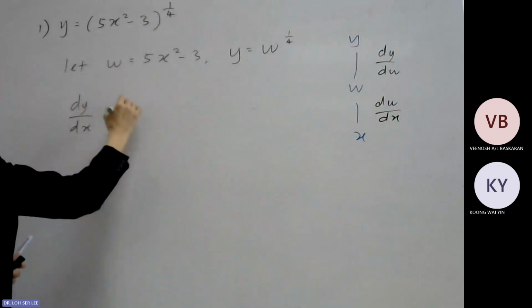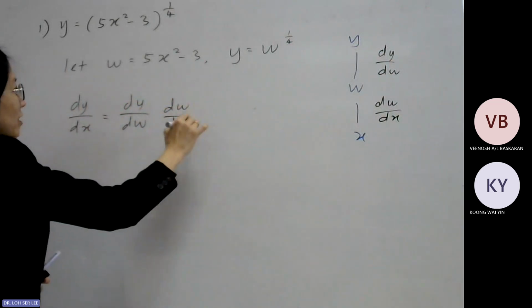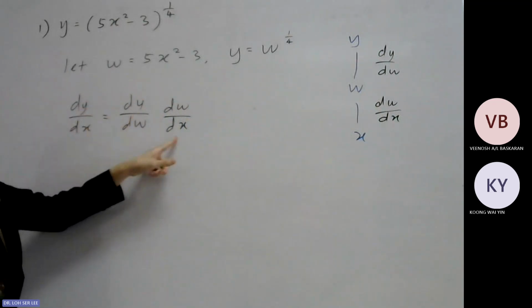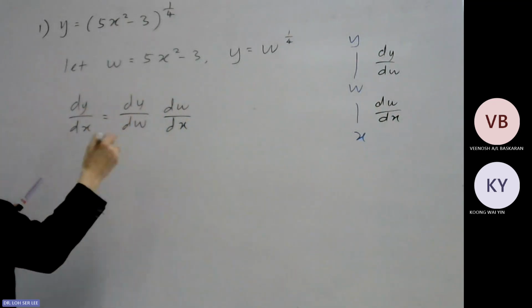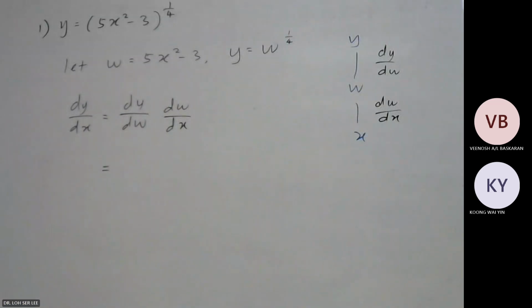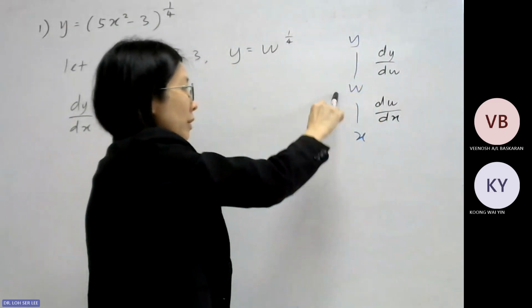Math always makes sense. Okay, so we have this. And again, these are all single variable. y has only w, w has only x.